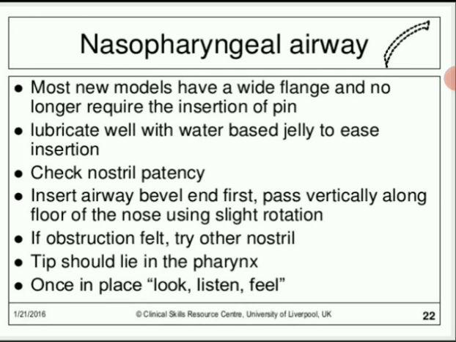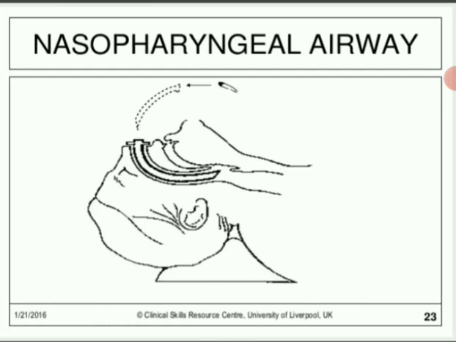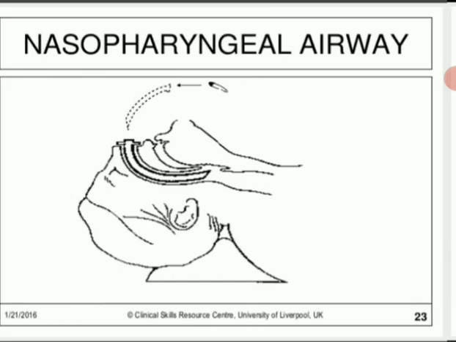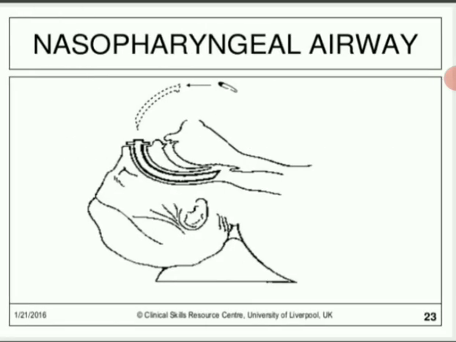If there is obstruction, try the other nostril, and the tip should lie in the pharynx. Like this, the tube is inserted in one nostril. If there is any obstruction in the nostril, we have to choose another nostril and insert the tube.